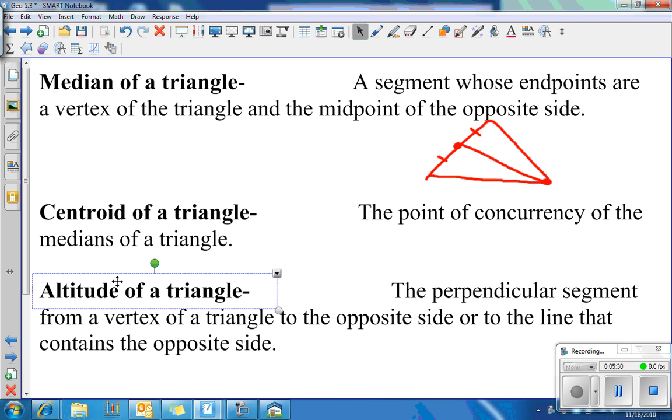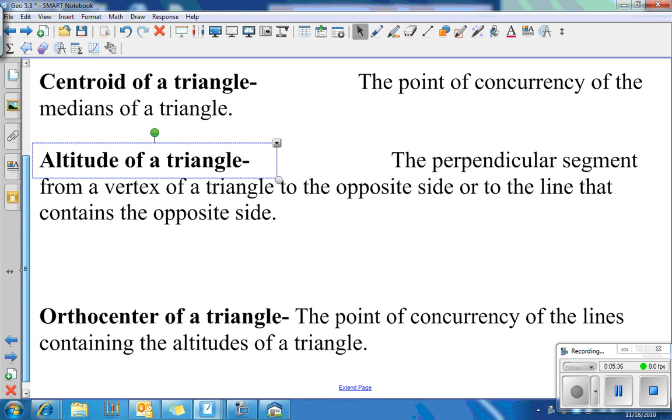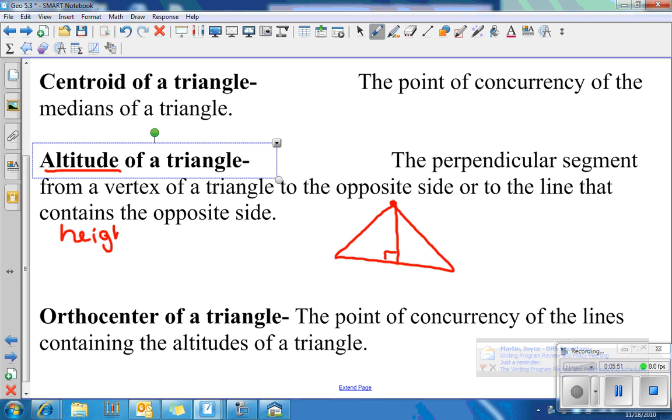Altitude creates a 90-degree angle. It's a perpendicular segment from a vertex to the opposite side. Again, it does not have to be the perpendicular bisector. It just has to be from the vertex point straight down and make a 90-degree angle. That's your height. Anytime we talk about altitude in the future, that will be the height of the figure.